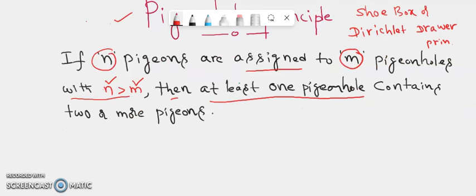To understand in a better way, we are going to see the diagram here.